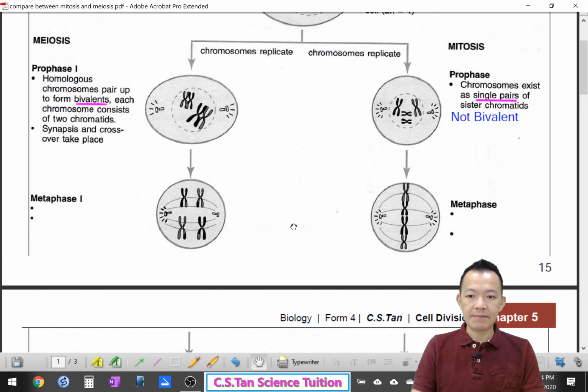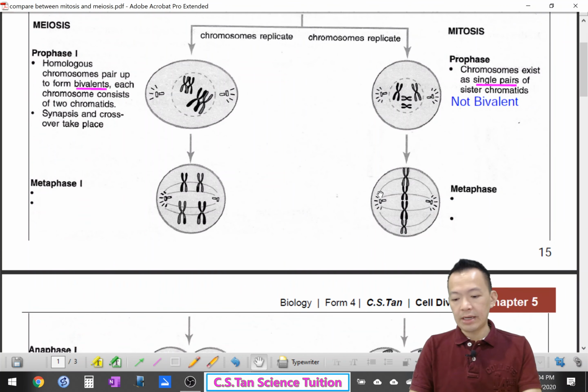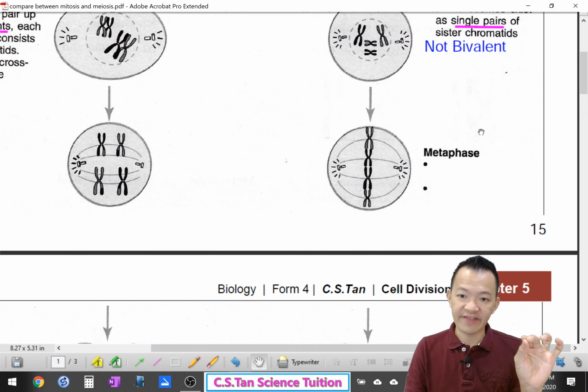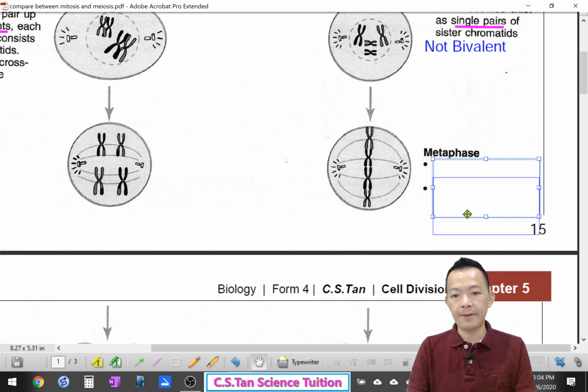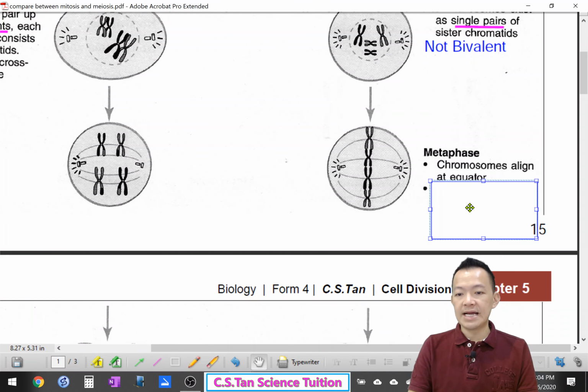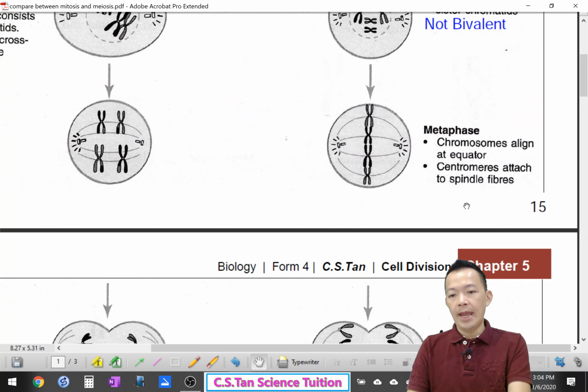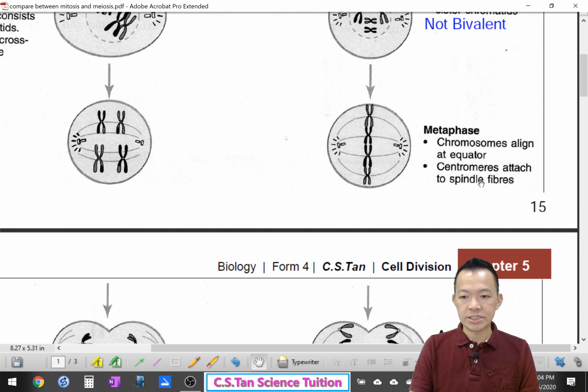Metaphase. Now we look at metaphase. During the metaphase of mitosis, what happens to the chromosomes? Chromosomes align at the equator. The chromosomes all line up in a straight line in the middle of the cell. Okay. And the centromere is attached to the spindle fiber.